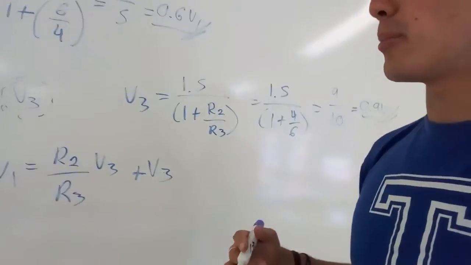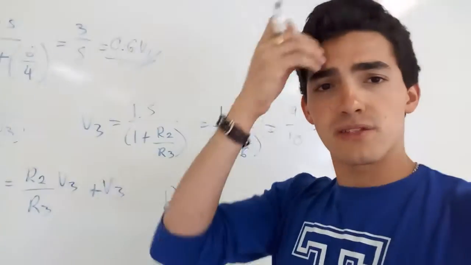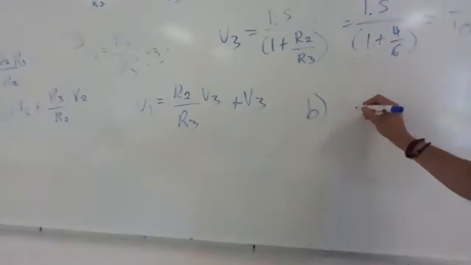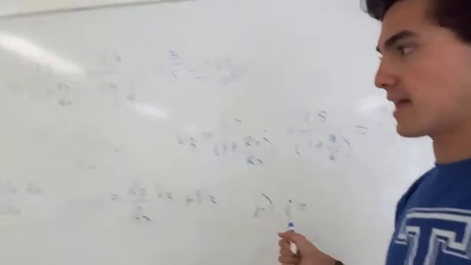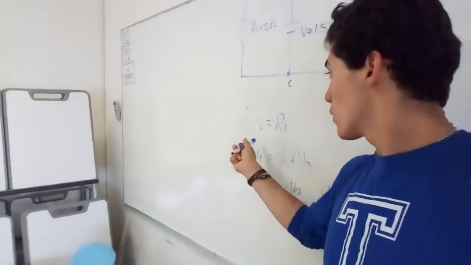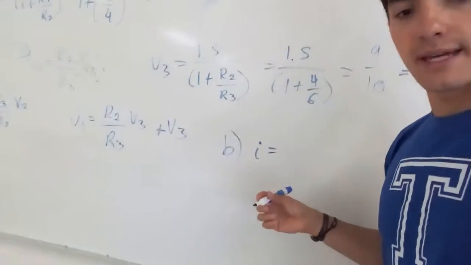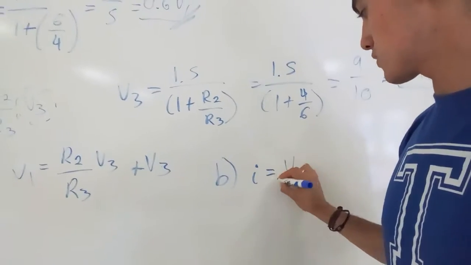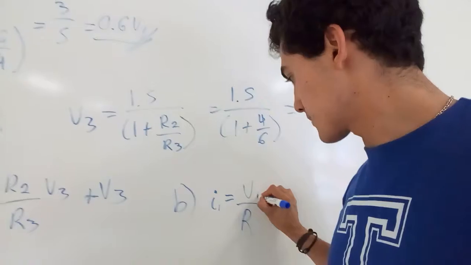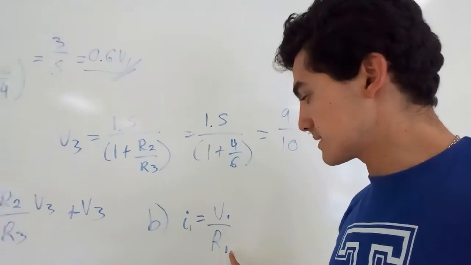So now for part B, I'm going to do it in here. We are asked to find the current in each resistor. For finding the current in each resistor, we want to determine that our current is equal to the voltage over our resistance. But if we want to determine the current in 1, we have to determine the voltage in 1 and the resistance in 1.